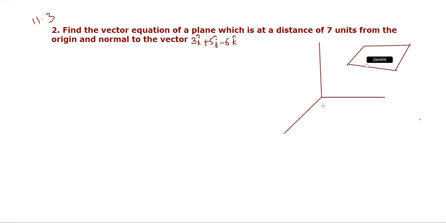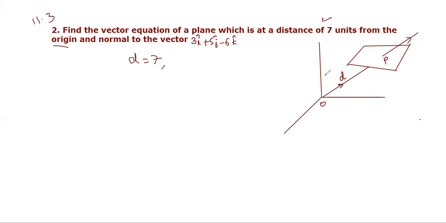From the origin to this plane, a perpendicular comes out to a point P. So that is the perpendicular distance from the origin, OP, that is what we used to call D. That is given as 7 units. So here D is 7. Okay.